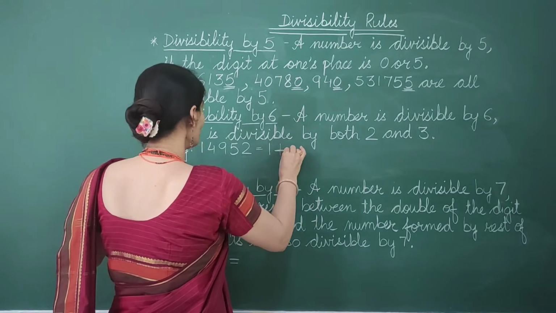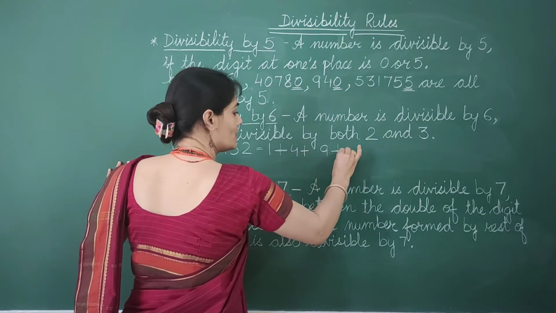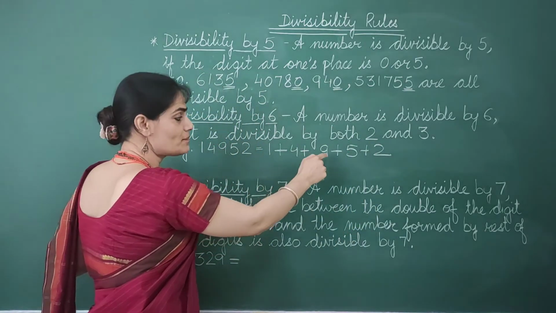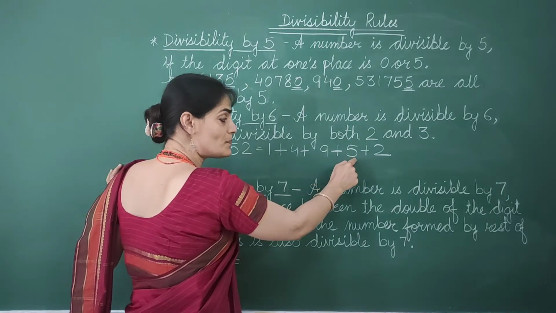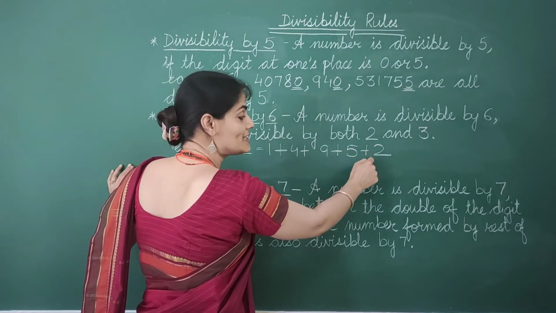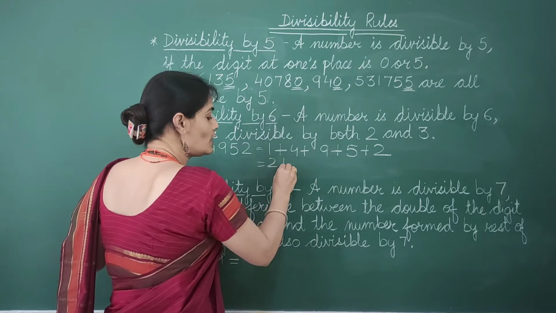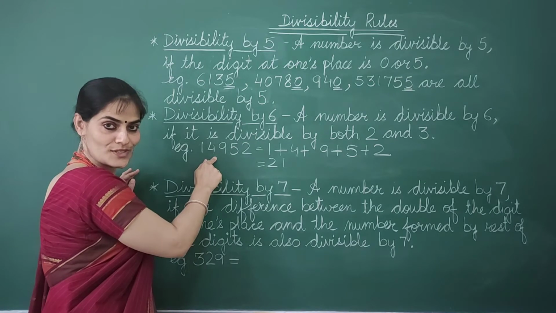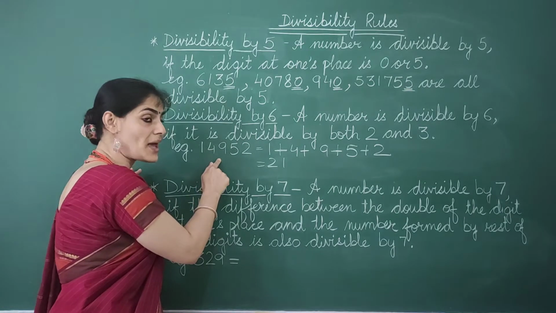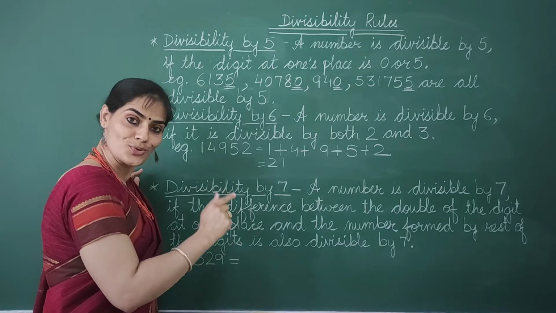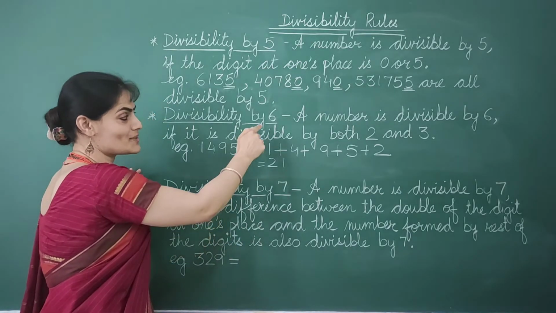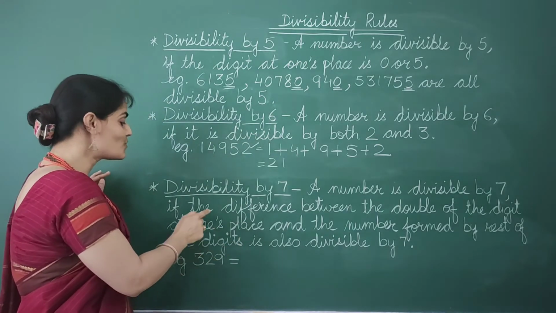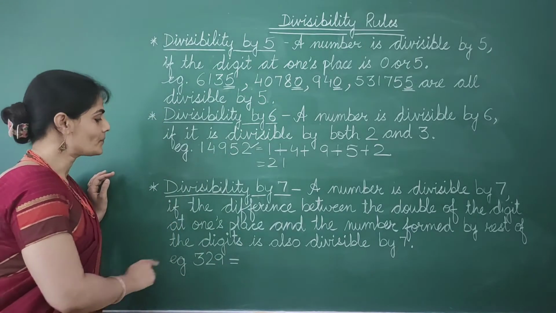I write here 1 plus 4 plus 9 plus 5 plus 2. 1 plus 4 is 5, 5 plus 9 is 14, 14 plus 5 is 19 and 19 plus 2 is 21. 21 is divisible by 3, so this number is also divisible by 3. As this number is divisible by both 2 and 3, it will be divisible by 6 also.